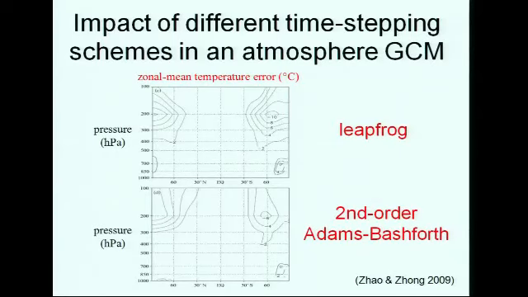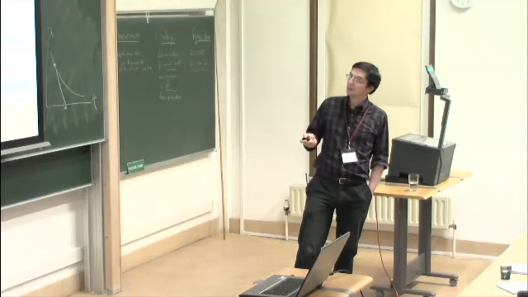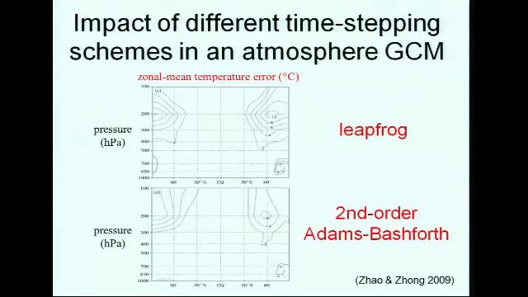More evidence here. This is the zonal mean temperature error in the CAM, community atmosphere model. Error relative to ERA-40, so to what we think the atmosphere actually looks like. The zonal mean temperature plotted as a function of latitude on the x-axis and pressure on the y-axis.